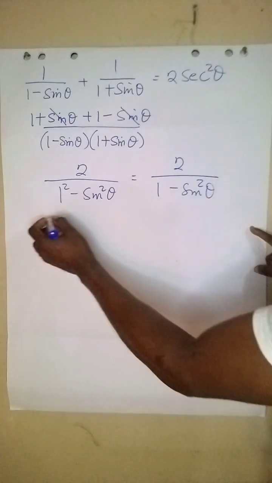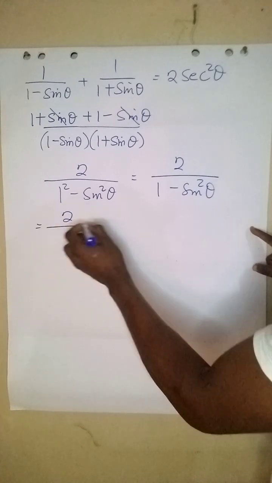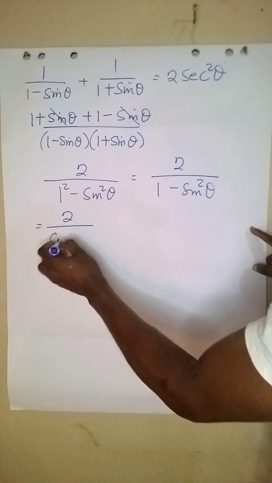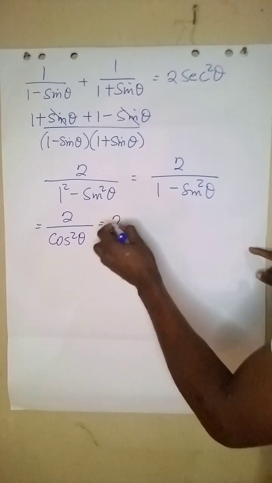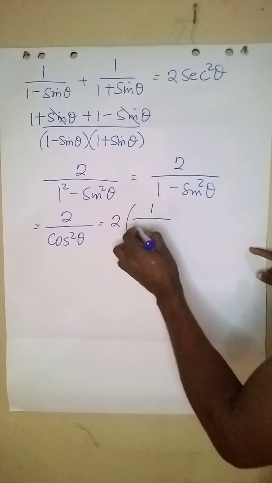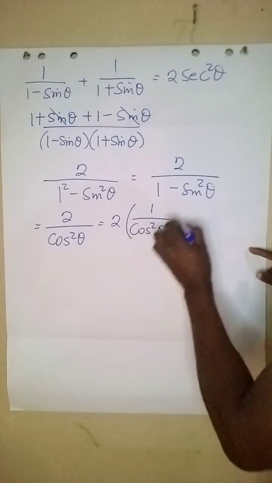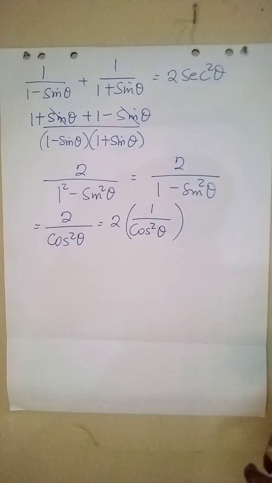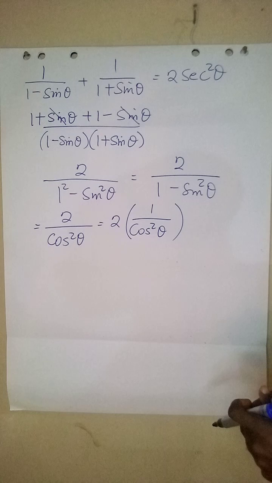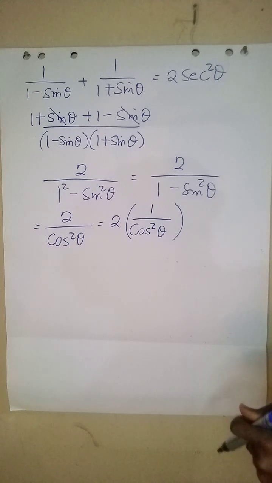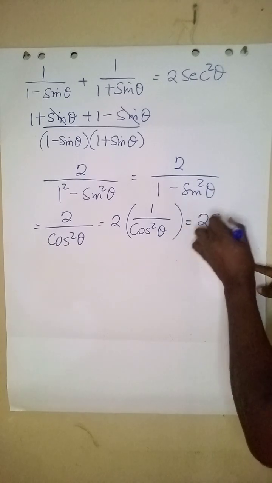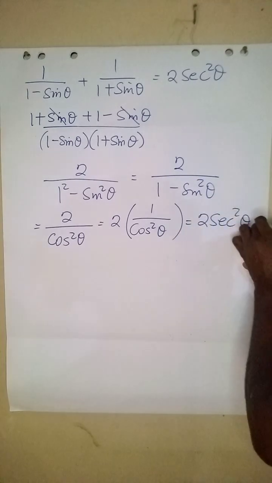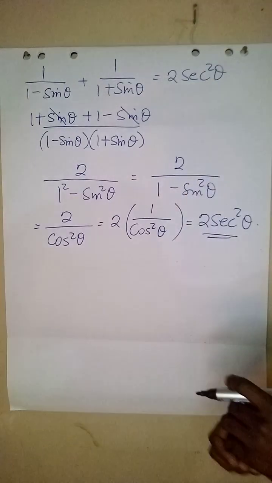So this is just going to give you 2 over cos squared theta. And remember, I told you that this is 2 times 1 over cos squared theta. I told you that 1 over cos theta generally is sec theta, secant theta. So this is secant squared theta times 2. That gives us 2 sec squared theta, and we have that proven.